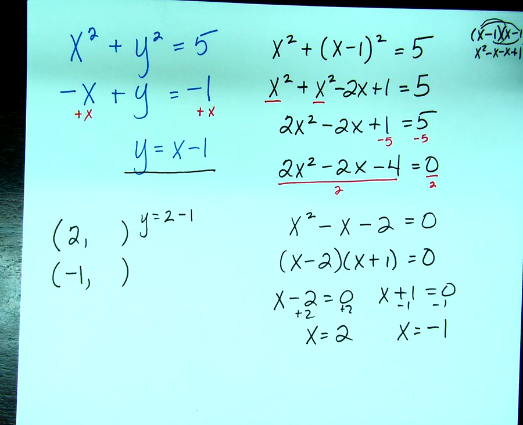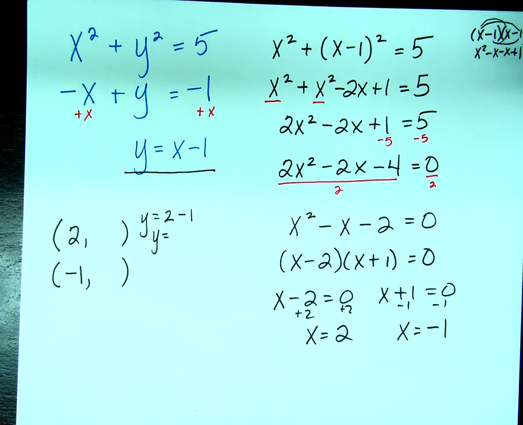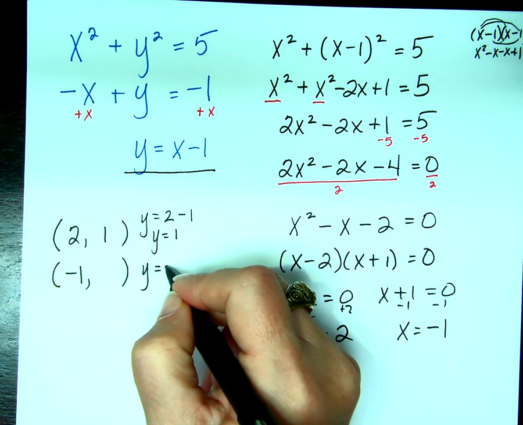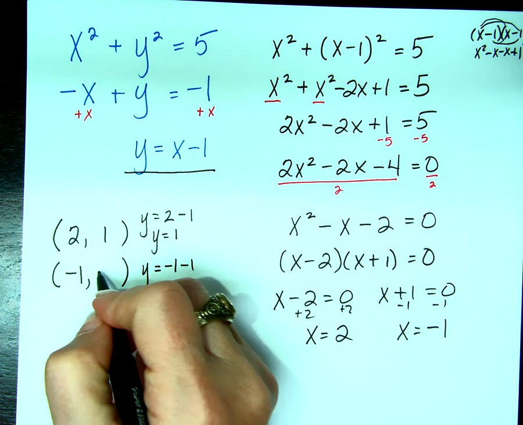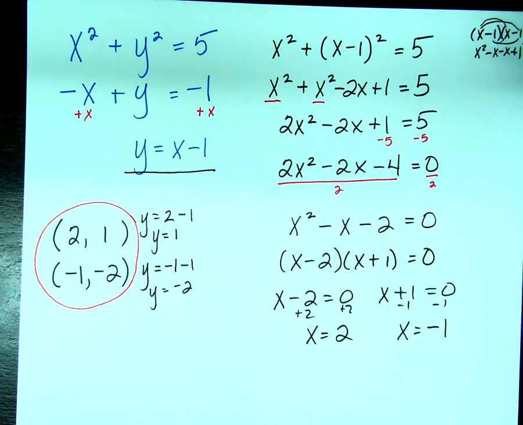Ooh, that's a tough one. 2 minus 1. 1. But when x is negative 1, we have negative 1 minus 1. Excellent. That was much better that time. Much better. Okay? That's my solution. Okay? Any questions?